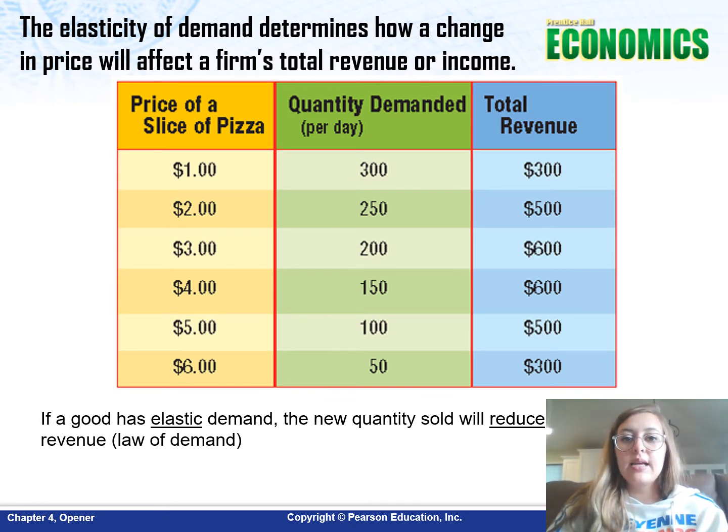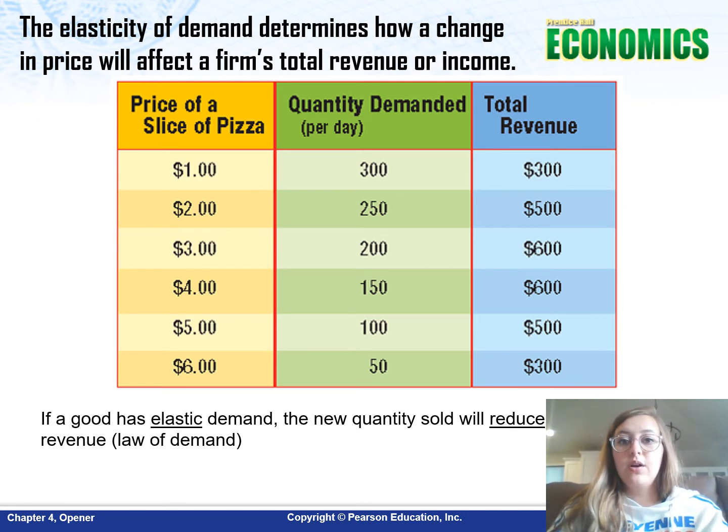The elasticity of demand determines how change in price will affect a firm's total revenue. So that's why it's important in the study of economics, because it helps businesses really measure how consumers will respond to a change in price for different products.